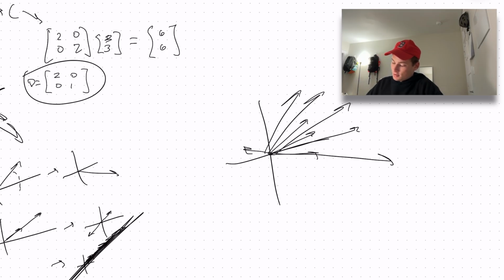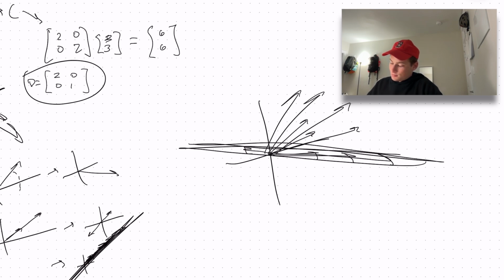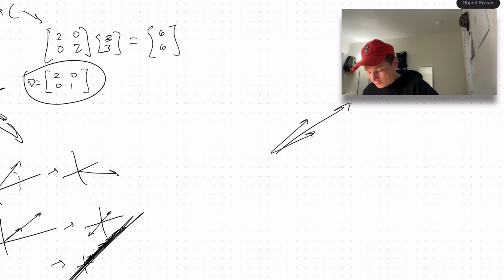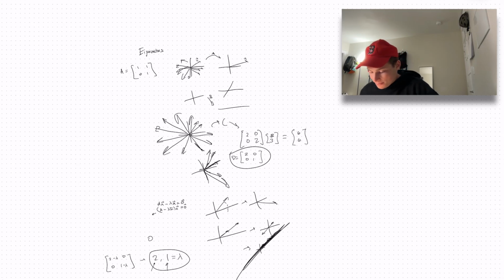That's really important. This line is really important. We want to keep track of that for a specific linear transformation, and we'll see why in a second when we move on.